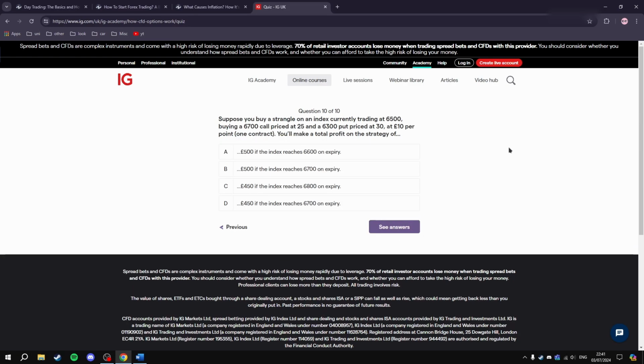Suppose you buy a strangle on an index currently trading at 6,500. Buying a 6,700 call priced at 25 and a 6,300 put priced at 30. £10 per point, one contract. You make a total profit on the strategy of... if the index reaches.